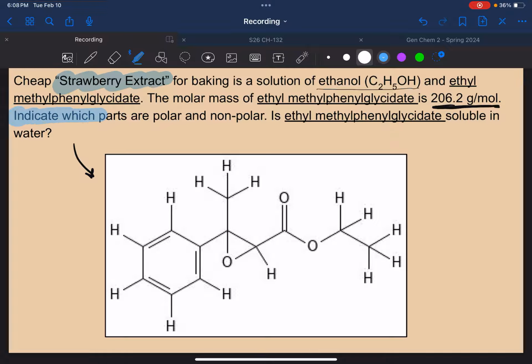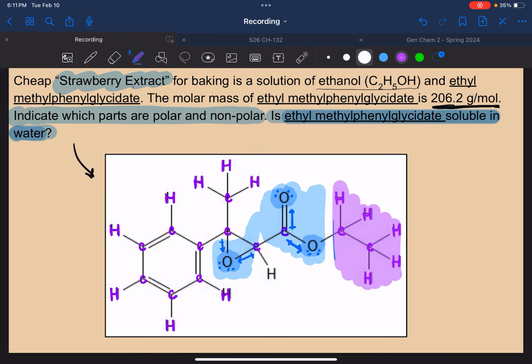And what's more, a lot of these areas have quite a lot of symmetry. So I know even if there was a lot of polarity there, some of that's going to cancel out. So I'm going to go ahead and highlight all the non-polar areas in purple. And there is a big old benzene ring in here, which is not very polar at all.